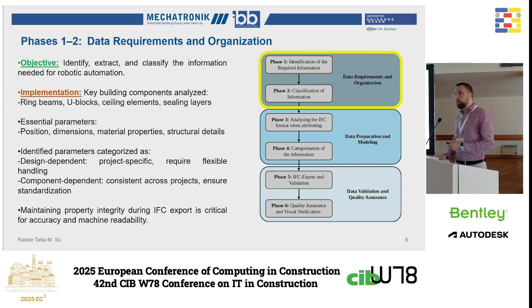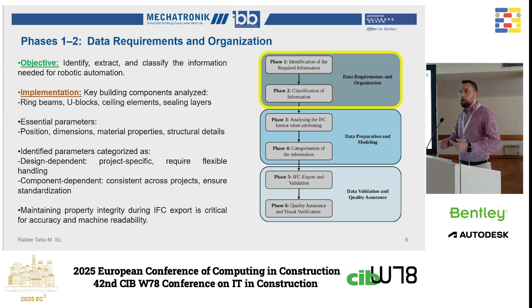For these components, we then analyzed what the most essential parameters were for the robot to be able to execute this automation. And these were position, dimension, of course, material properties, and structural details.